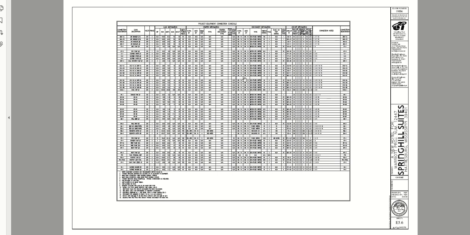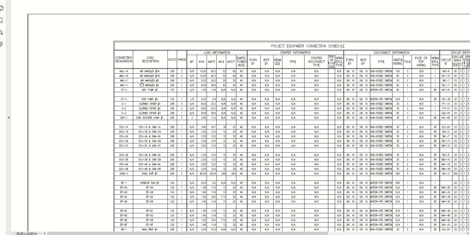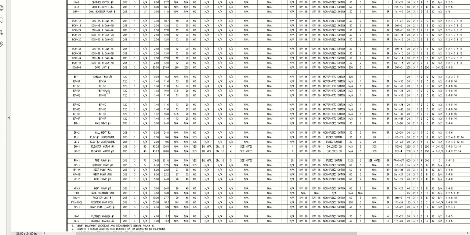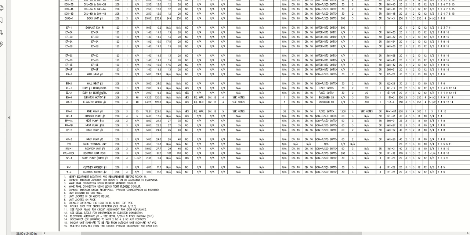Here is our equipment connection schedule that we talked about. We saw the one for the kitchen and for the pool, but this is the one for the mechanical equipment and everything else. So again, we have all the air handlers, condensing units, exhaust fans, elevator connections, fire pump, heat pumps, rooftop units, clothes washers and dryers.